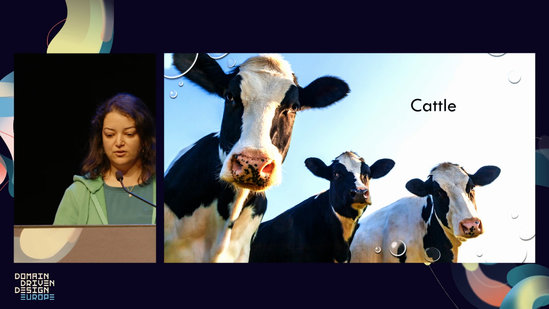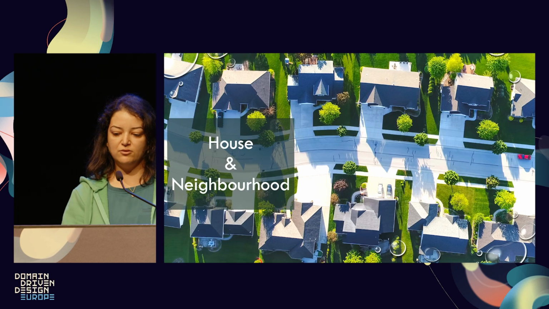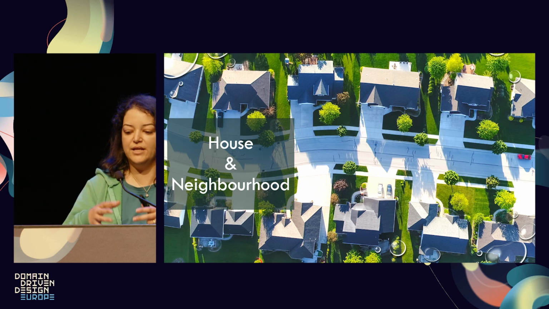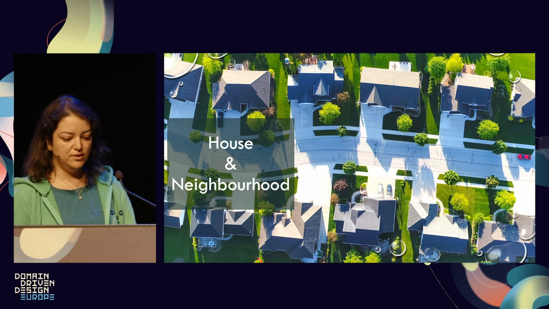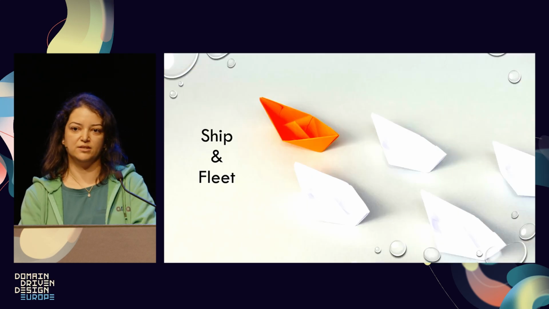It's the same for house and neighbor. While the plural of house is houses, a collection of houses in an area is called a neighborhood. Same thing for sheep and fleet. Are you okay? Yeah.